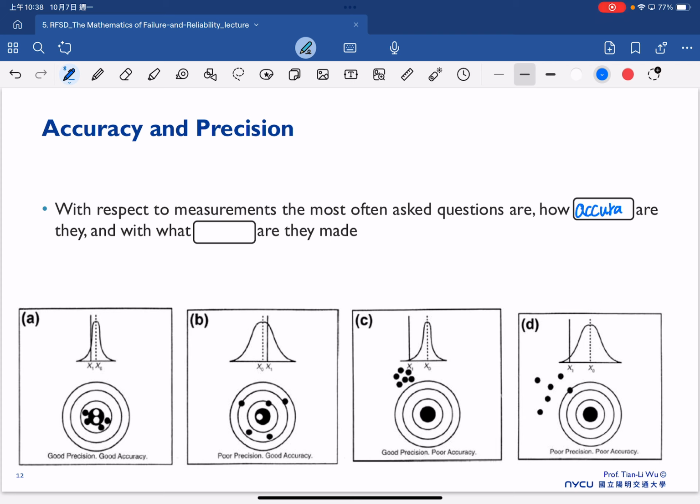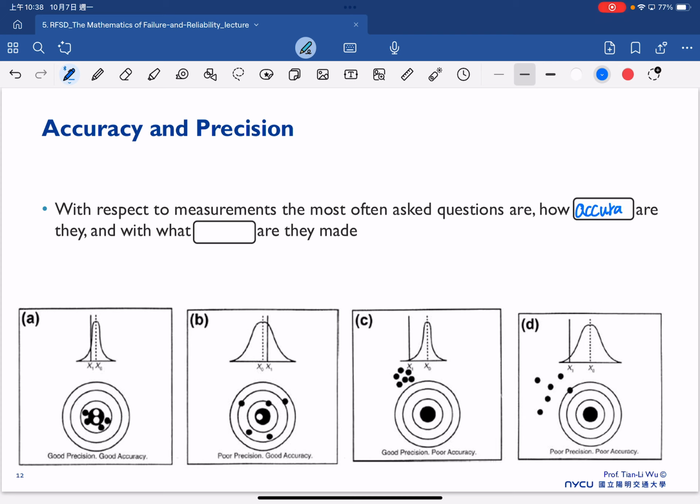For example, the first one is the case we consider as a good precision and also good accuracy. The reason why we have the good precision is because we have the smaller sigma, but also good accuracy is because the difference between x1 minus x0 is small.